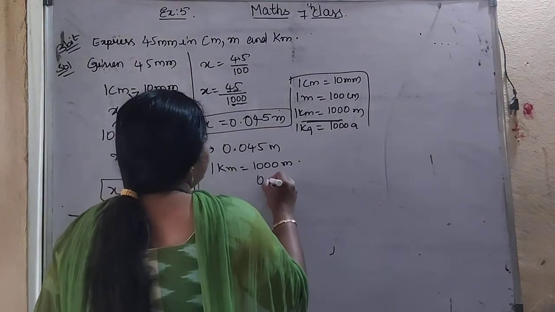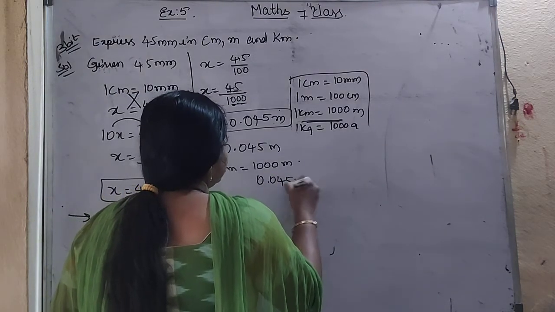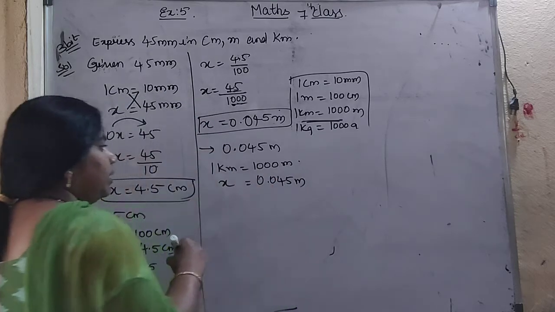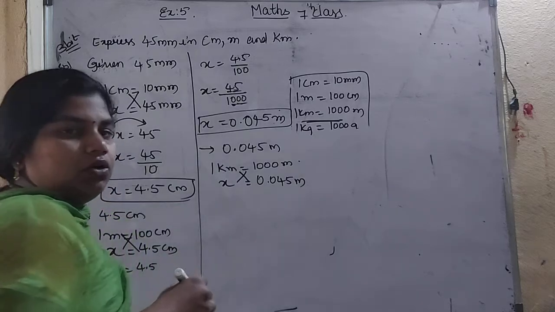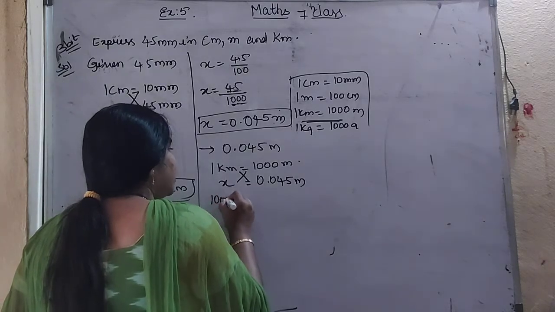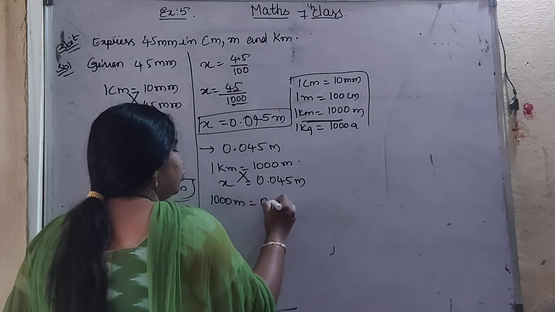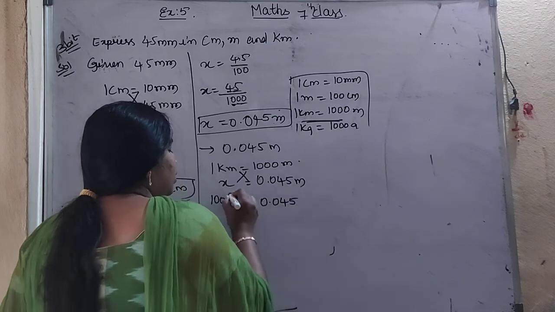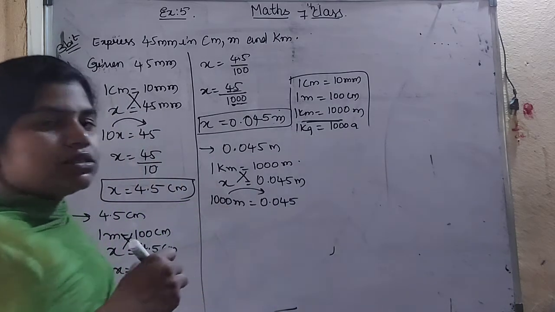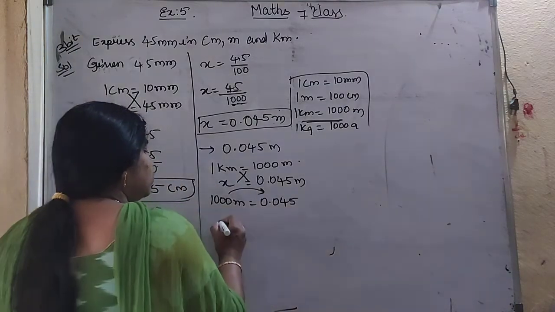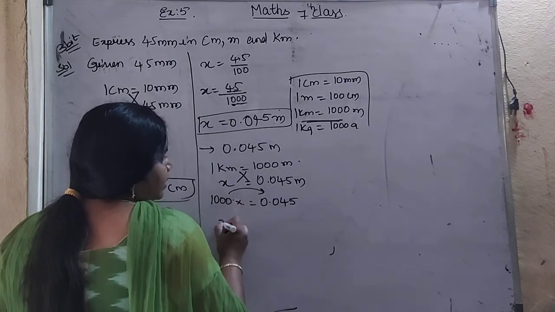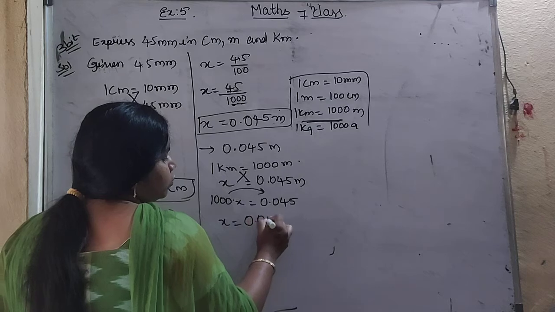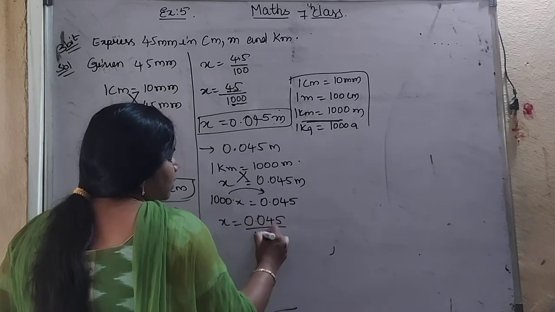So we can do cross multiplication. 1000 meters is equal to 0.045. If you transpose this 1000 to the other side, it will become division. So x is equal to 0.045 by 1000.